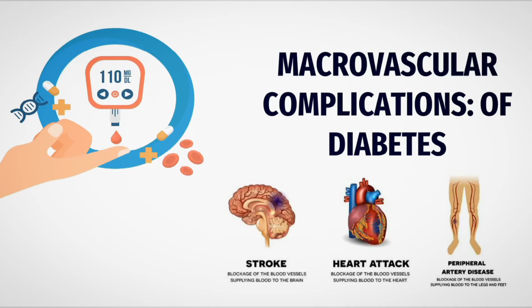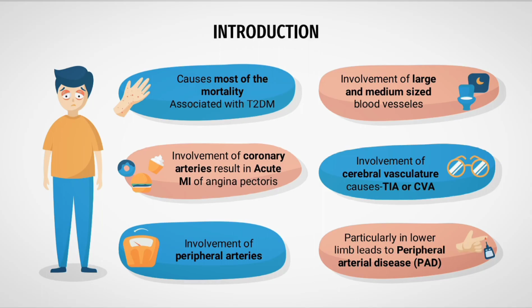Hello everyone. Today we'll discuss macrovascular complications of diabetes, which basically includes stroke, heart attack or cardiovascular diseases, and peripheral artery disease. Basically, this macrovascular disease is a disease of any large or macro blood vessels.